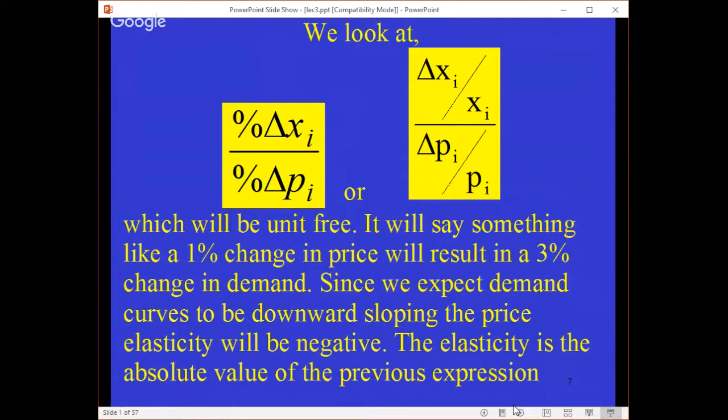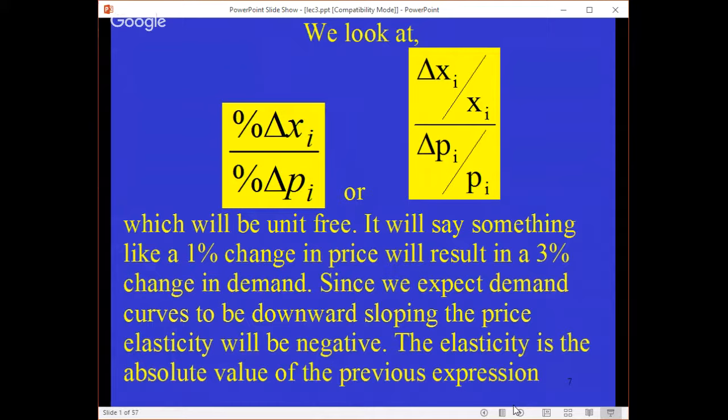Now, I'm divided by pi. Now I have something in the denominator of the denominator. That means I can bring it up to the numerator. Okay? So, I have xi times the change in pi in the denominator, and in the numerator I have xi times pi. And I can rewrite this as pi over xi times the change in xi over the change in pi.